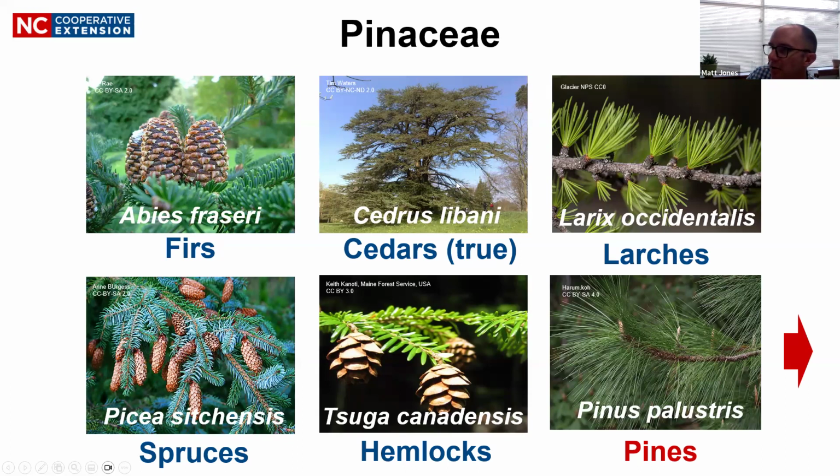The Pinaceae includes the true cedars, so that means the genus Cedrus, like cedar of Lebanon is a true cedar. Deodar cedar, Cedrus deodara, is another true cedar that doesn't occur here naturally, but does grow here as a landscape plant. Pinaceae also includes the hemlocks, those in the genus Tsuga.